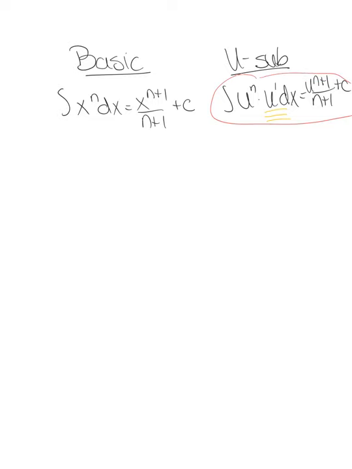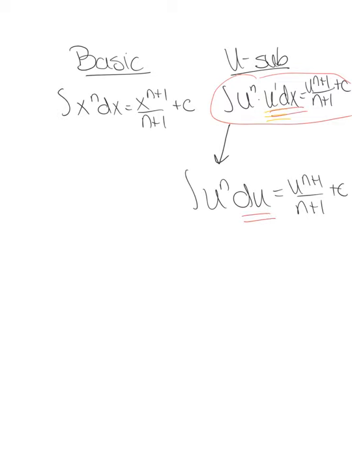Before I go on and do some examples, I want to say one more thing. This is probably not the form that you're going to see in most of the big books you pick up. The form you'll see is that the integral of u to the n times du will be equal to u to the n plus 1 over n plus 1 plus c. What I'm saying is that du is actually the same thing as u prime dx.